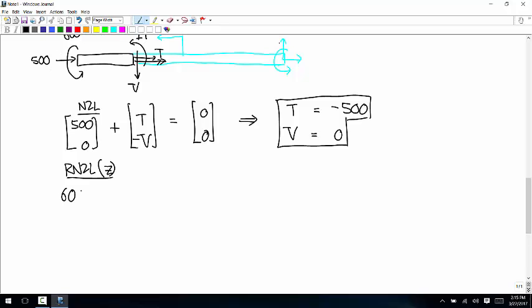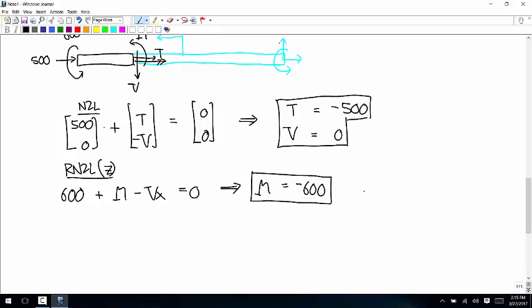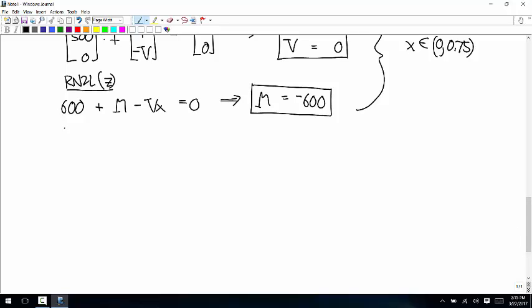The couple just adds on, so positive 600, and then plus M minus Vx is equal to 0. So M is equal to Vx minus 600. These are valid for x between 0 and 0.75. Torque is 0.